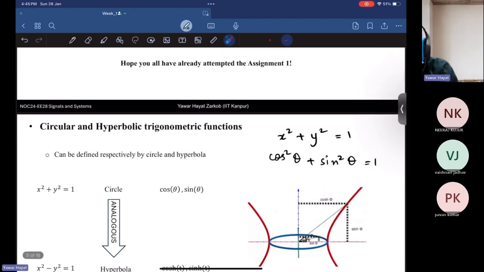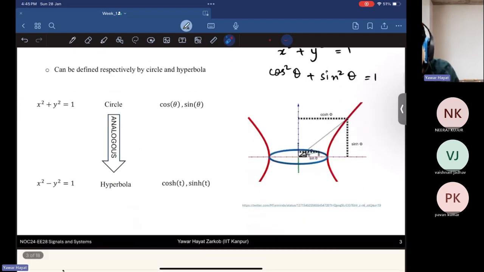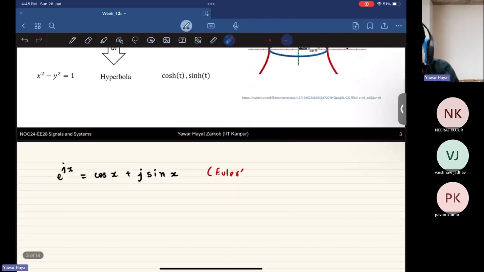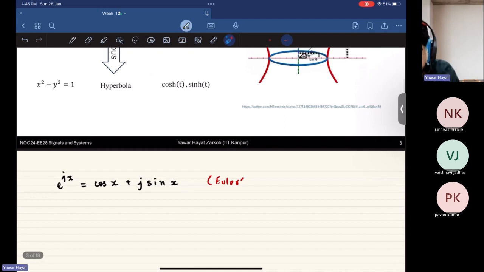Okay, so sir, the functions that you learned are, for example, trigonometric functions, the hyperbolic trigonometric functions, cos, sine, cos hyperbolic, sine hyperbolic, and after that, being comfortable in expressing the complex exponential in the form of trigonometric functions.